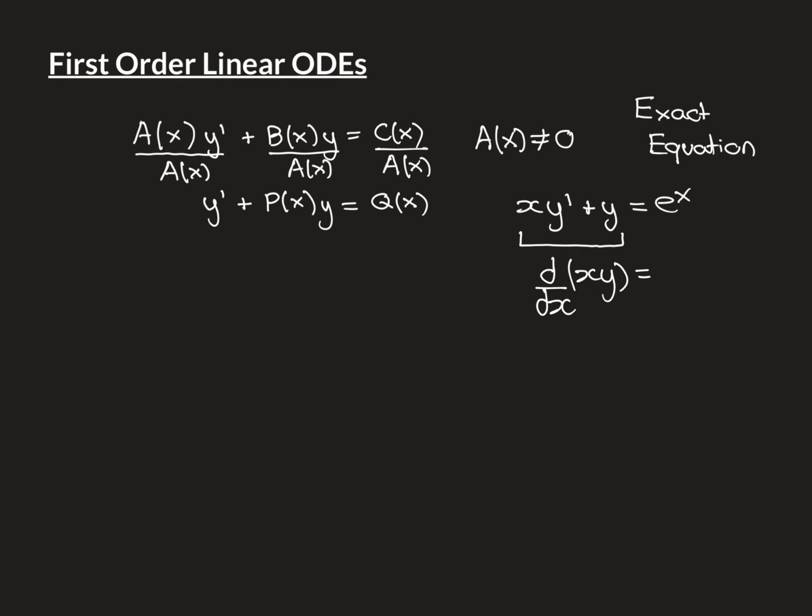Because if you use the product rule here, we differentiate this one first and we leave this one undifferentiated, and we then get this y term. So we'd have y, and then the other way around, leave this one and differentiate this one, you then get plus x dy by dx. So this differentiated gives you this.